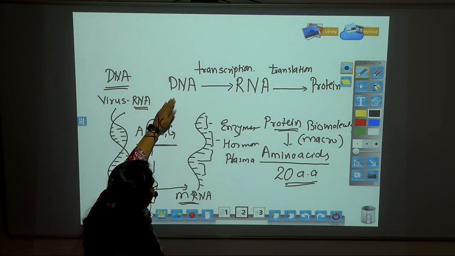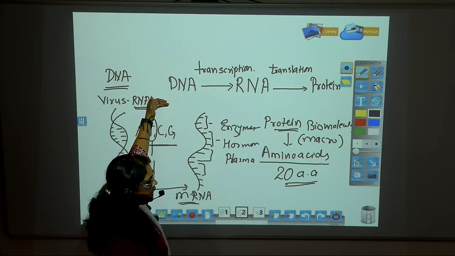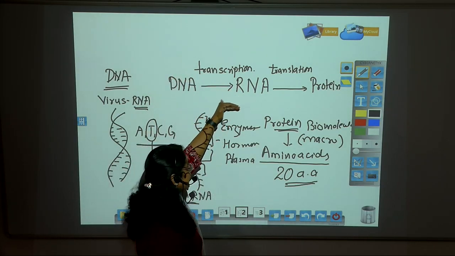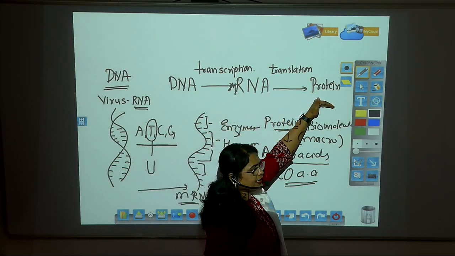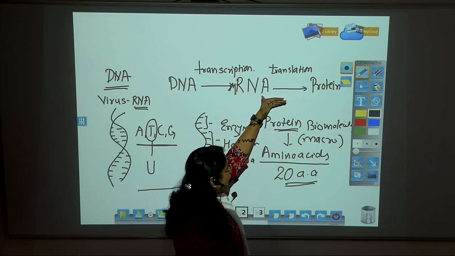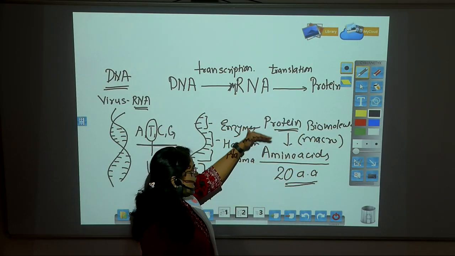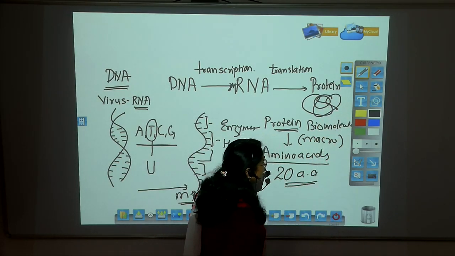So the genetic information has come from the DNA. DNA has been transcribed into RNA, that is the messenger RNA, and then translated into a protein. How the amino acids have to be arranged in a protein, how the polypeptide chain has to be formed, this is the structure of a protein.